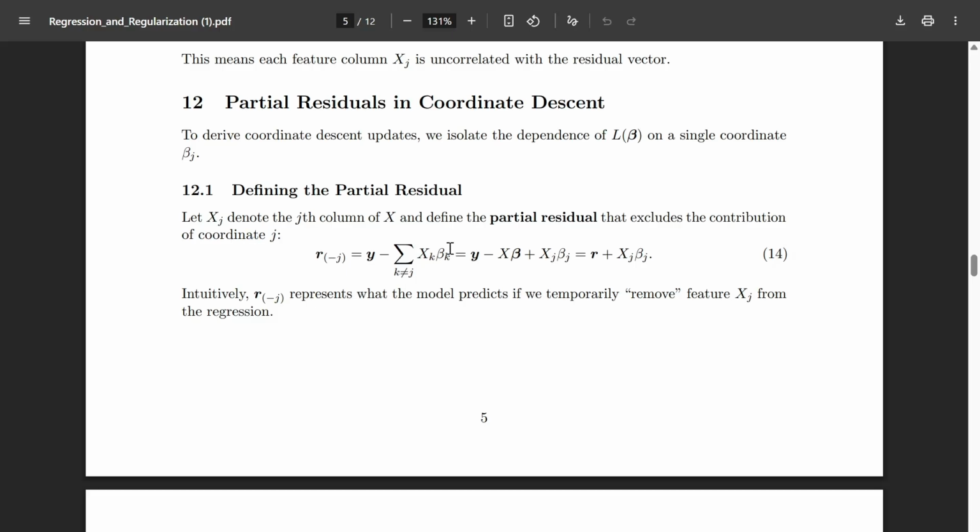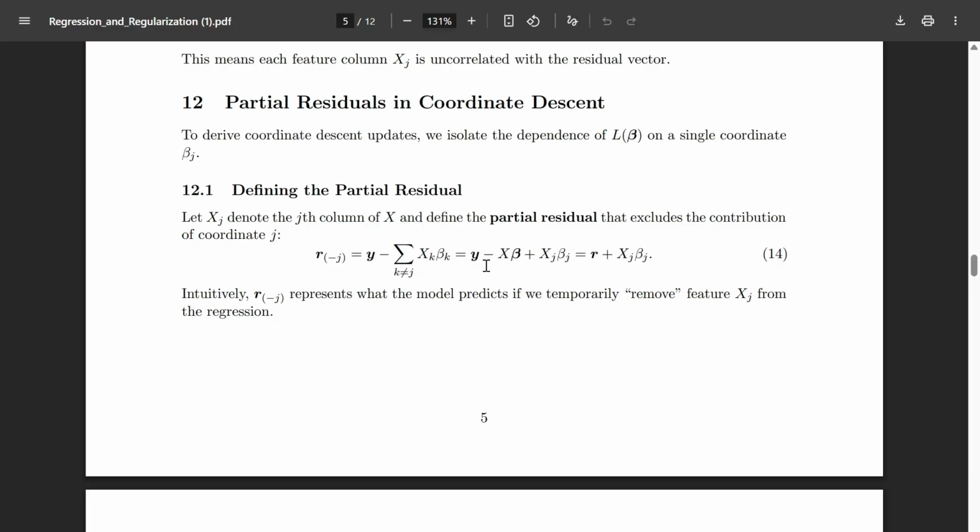Here it is very important. So r_minus_j means that we have thrown away the contribution of j in our residual. What that brings is y minus the summation over all k that is not j. That means I have removed j and I am taking a summation over all the parameters x_k beta_k.